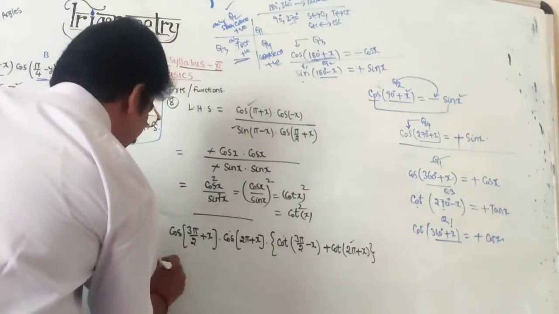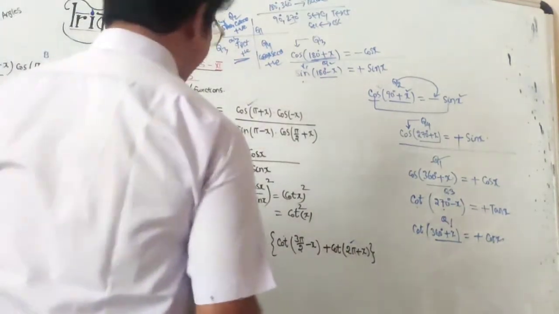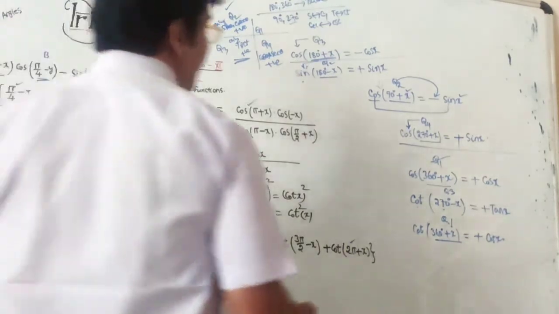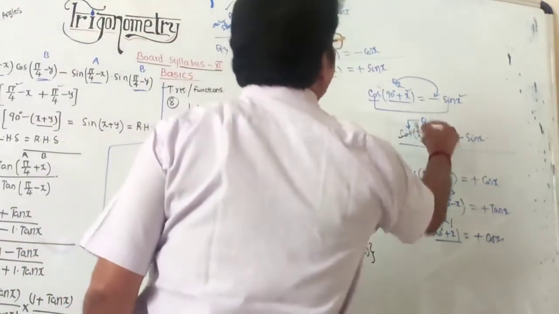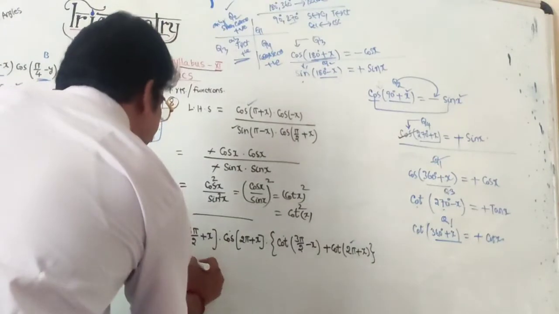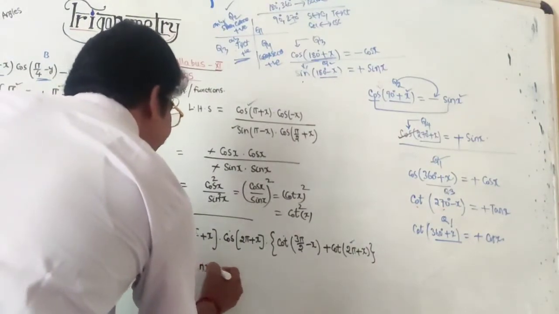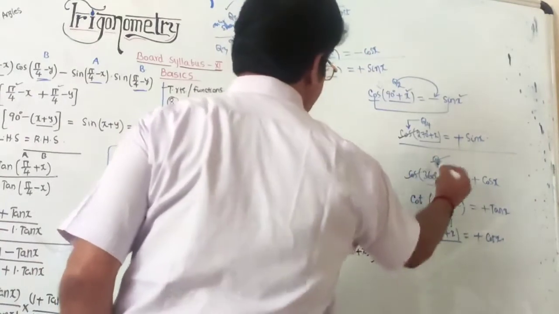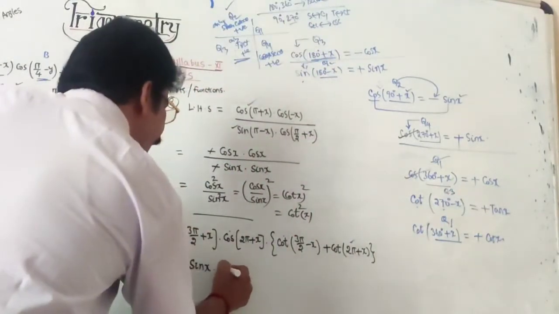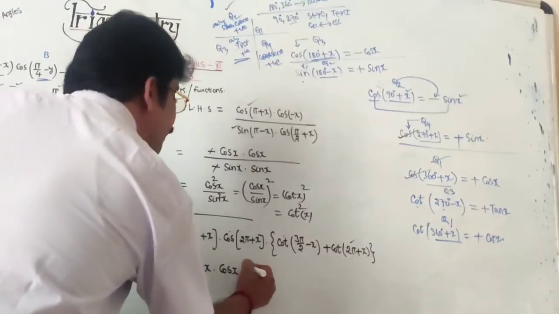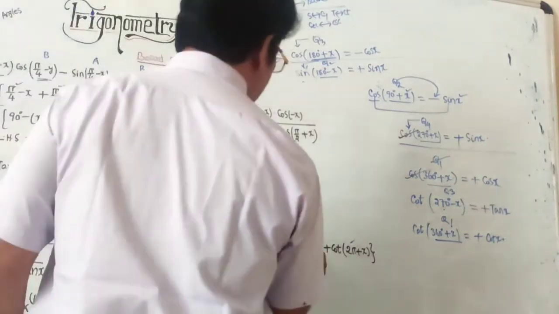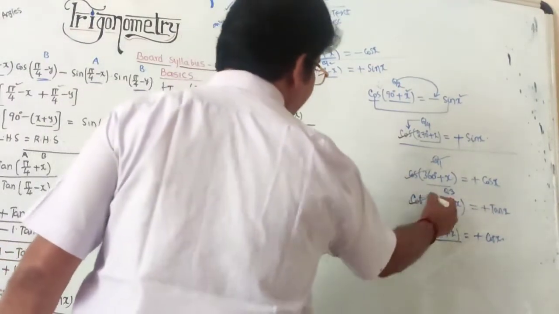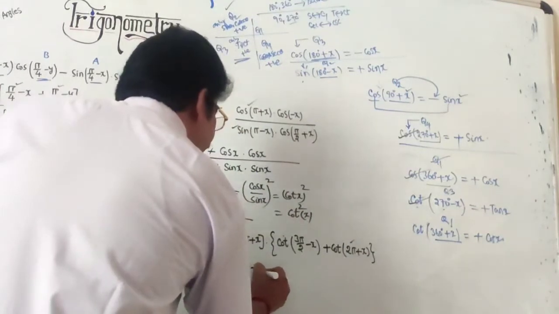Now we are substituting these values. That is equal to cot of 270 plus x, which is tan x, into sin x, into cos of 360 plus x, which is cos x, into cot x.